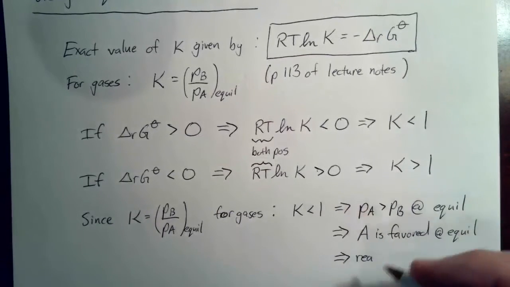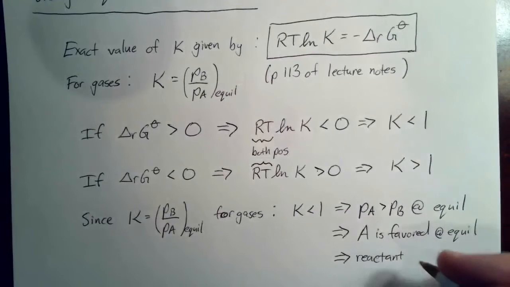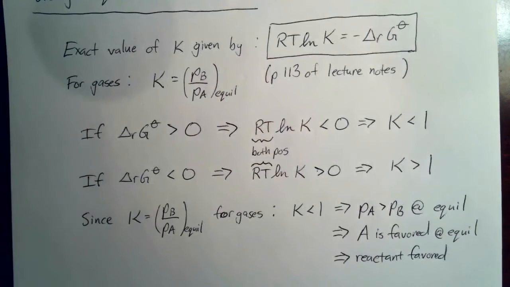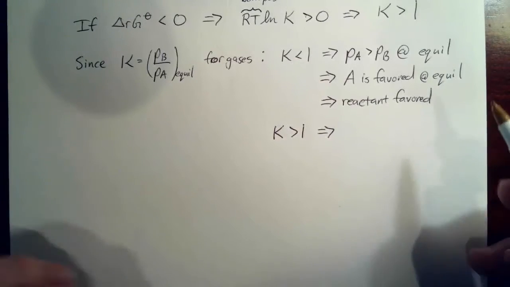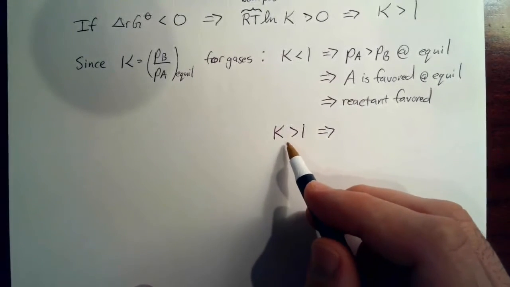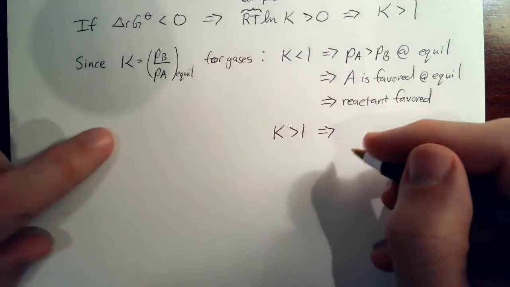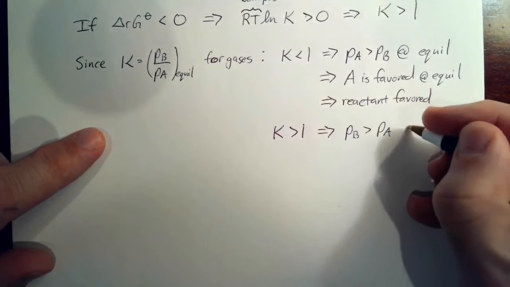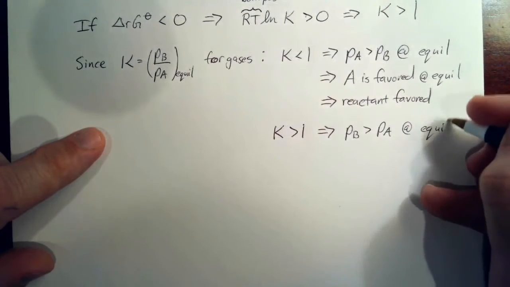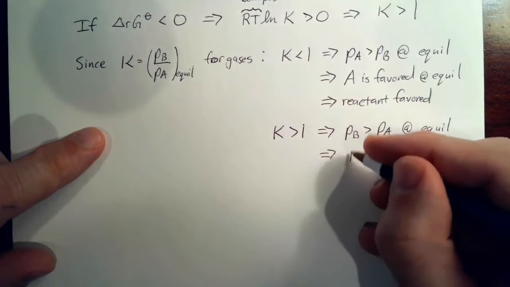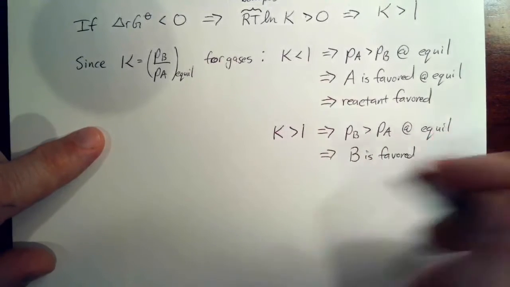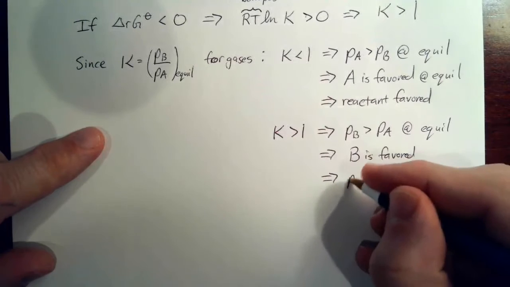So if K is less than 1, the reactant is favored. And we can run through a similar argument for K greater than 1. If K is greater than 1, then that means the numerator is bigger than the denominator at equilibrium, which means that gas B is favored, which means that the product is favored.